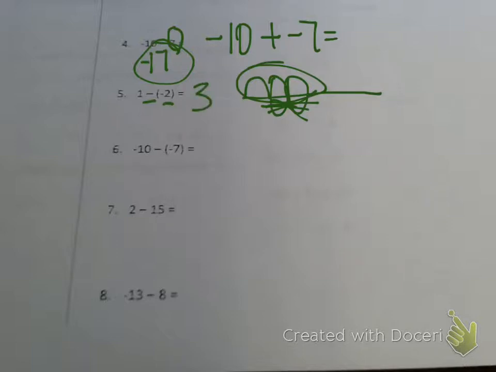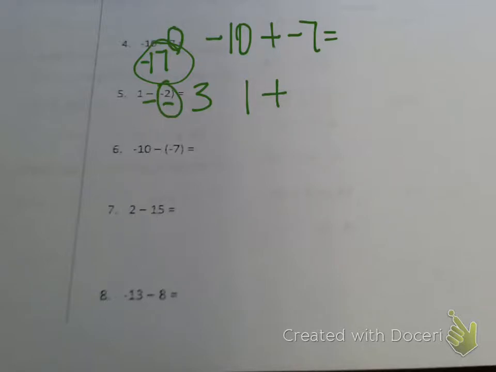So let's see if that works using our rules. I have 1. I'm always changing subtraction to addition. And now I have negative 2. The opposite of negative 2 is positive 2. 1 plus 2 is 3.